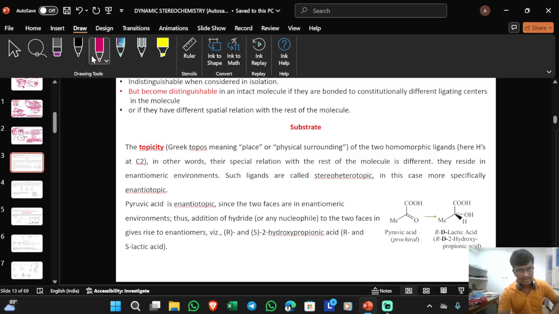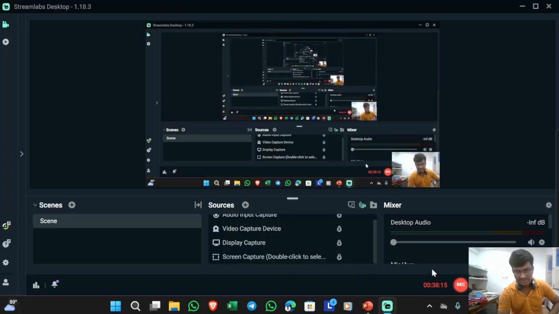First of all, these are considered in solution, and the molecule considers different ligand centers, or they show different speeds of reaction with the rest. This is the end of this topic now, then I start a new topic from this position.